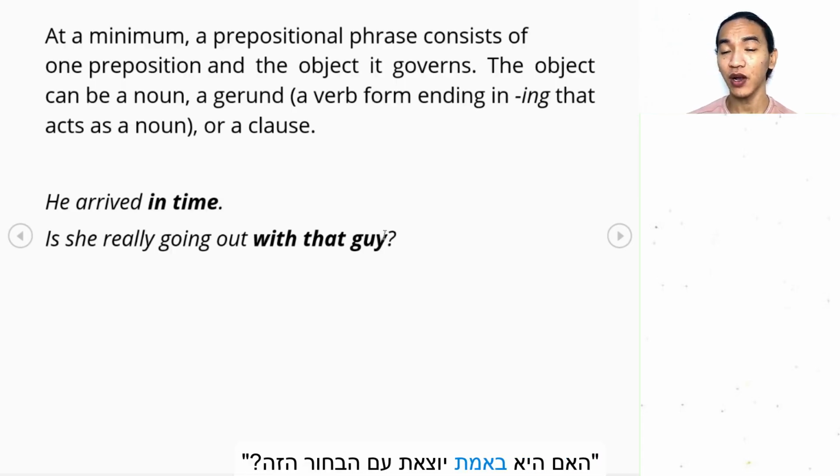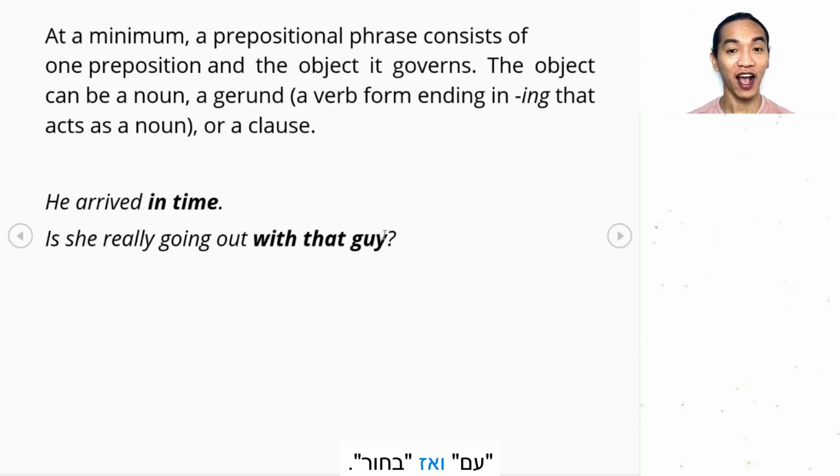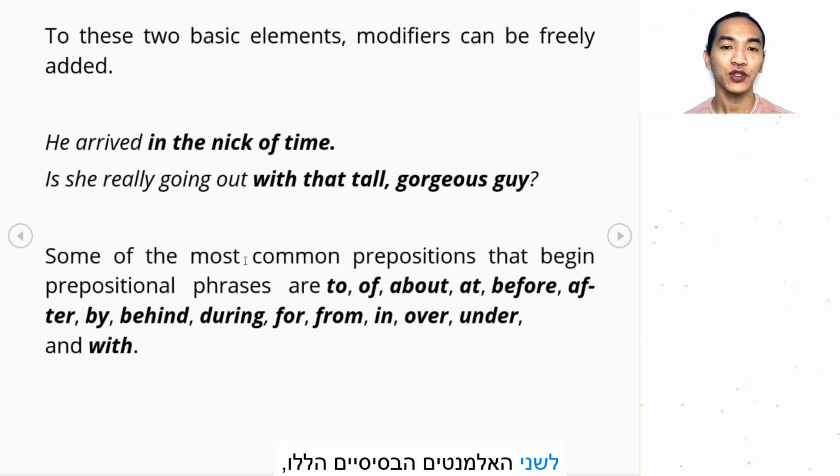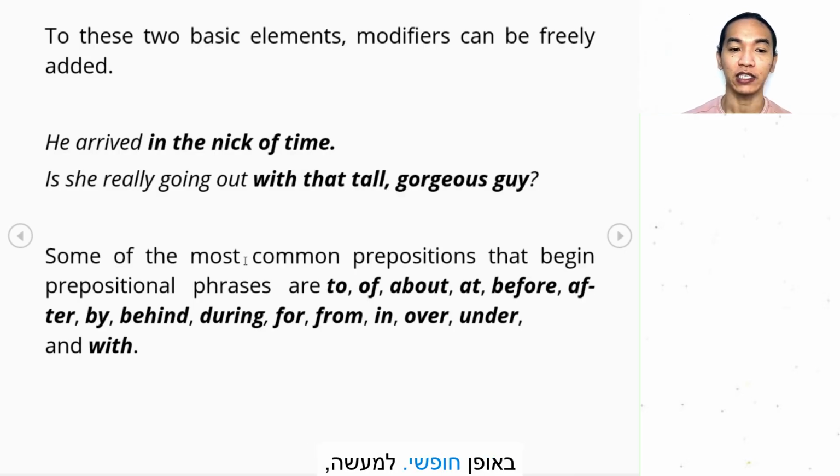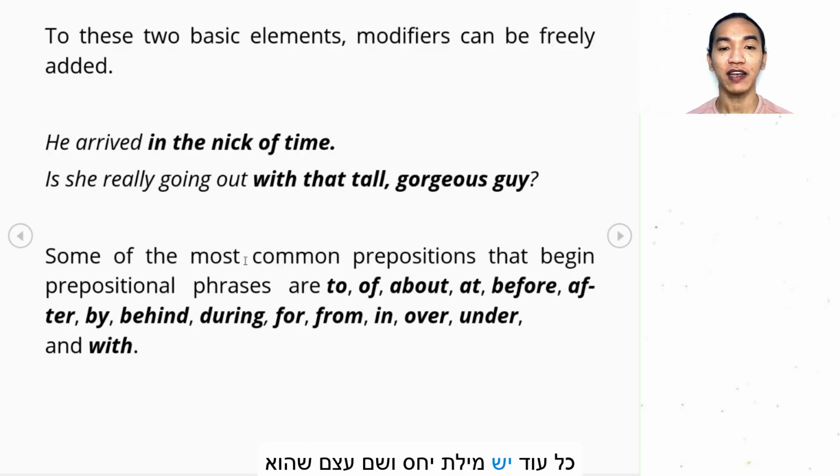Is she really going out with that guy? With and then guy, right? And then there's a word, that, to make it a phrase. Okay? Next one. To these two basic elements, modifiers can be freely added. So actually, we can add more words to our prepositional phrases, okay, as long as there is a preposition and some nouns that it modifies, or as an element of its object.